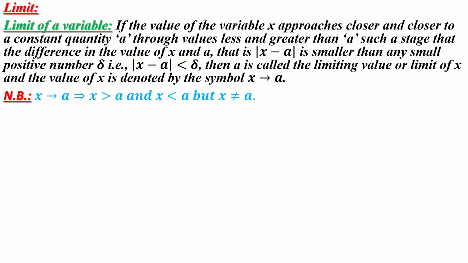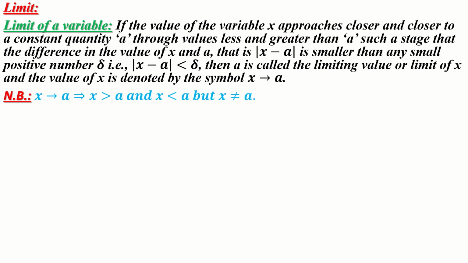So for finding the value of an undefined function at a specific point, limit is used. Clear? We don't know the value of this function at the point x is equal to 0, as f of x is equal to 1 divided by x, but we can find the approximate value. When we put x is equal to approximate or very nearest or very closer value of 0, we can find a value.